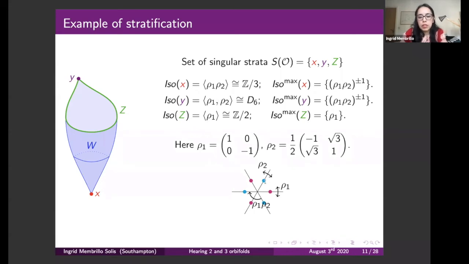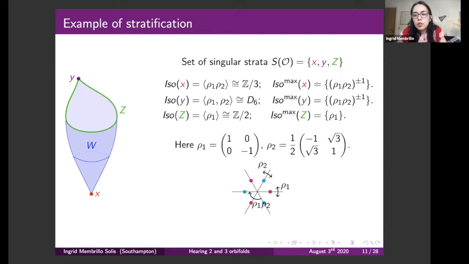So here again we take a reflection along this plane and another reflection along this plane, and these two will generate the group D6, which is the dihedral group of order 6. Now Z basically comes from the set of fixed points by the mirror reflections. So here then, iso of Z will be generated by rho 1, which is Z mod 2.